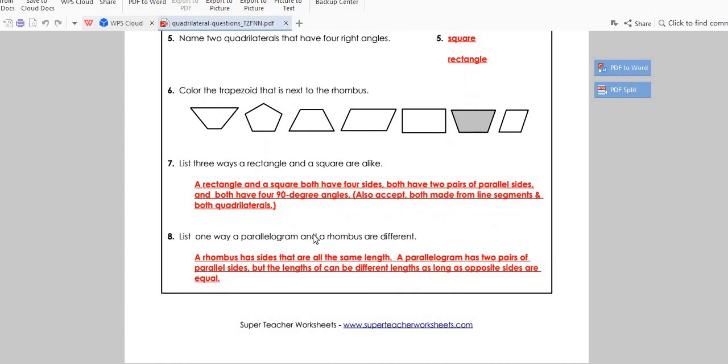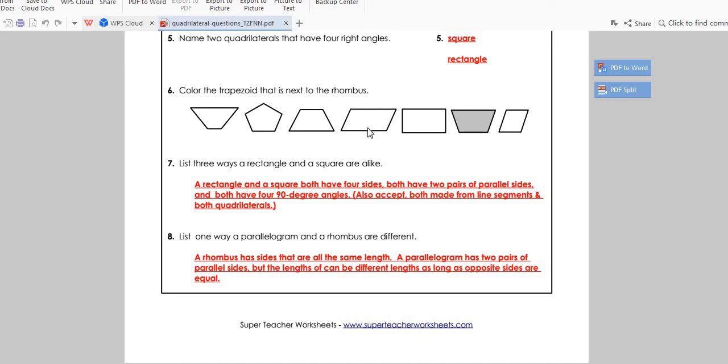So rhombus and parallelogram, as I told you before: this is a parallelogram and this is a rhombus. A rhombus has sides that are the same length. A parallelogram has two pairs of parallel sides, but the lengths can be different.